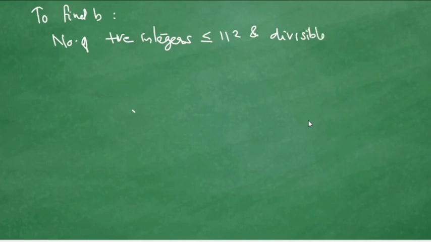That is equal to the greatest integer of 112 by 5. This we have already discussed. So this is equal to 112 by 5, which is 22.